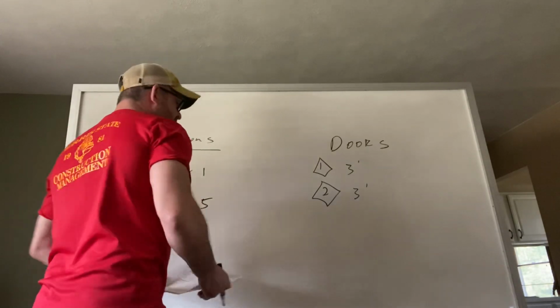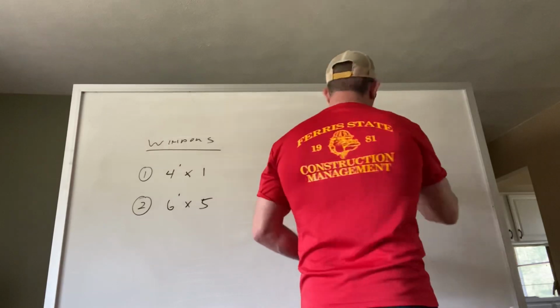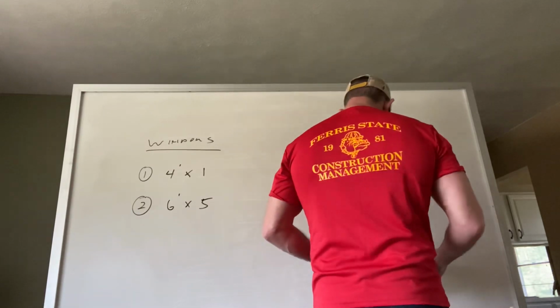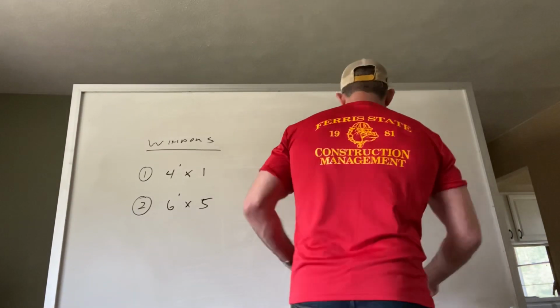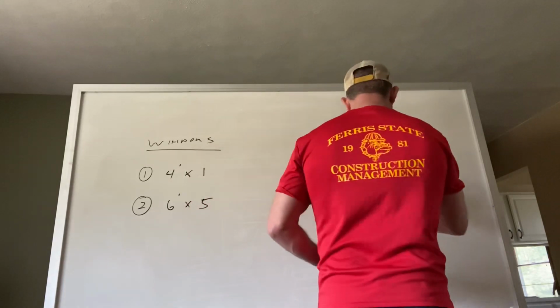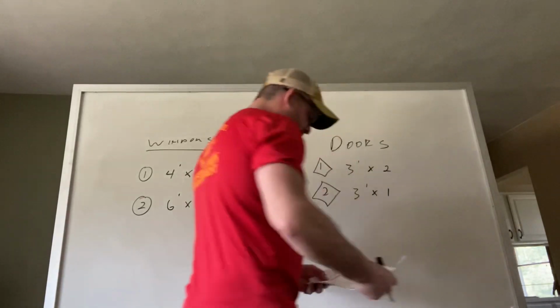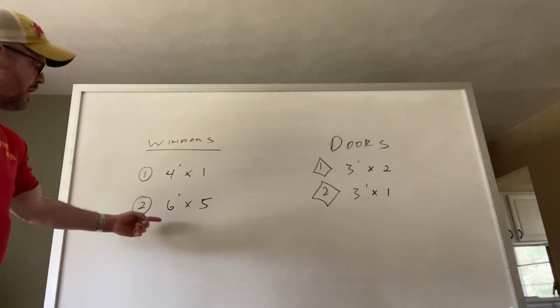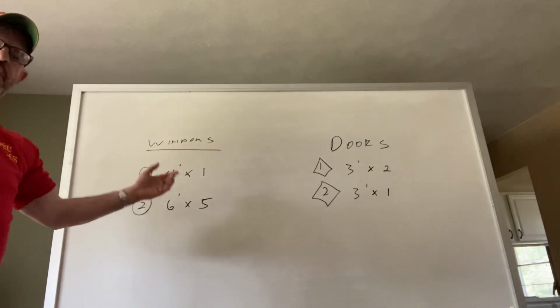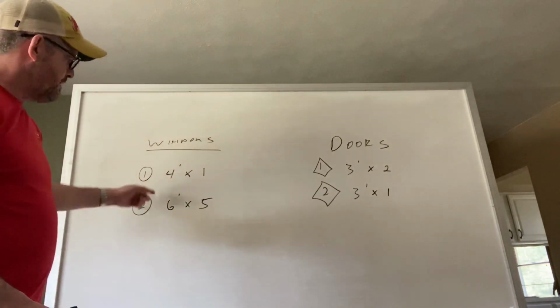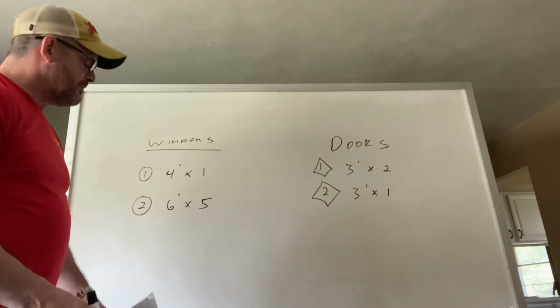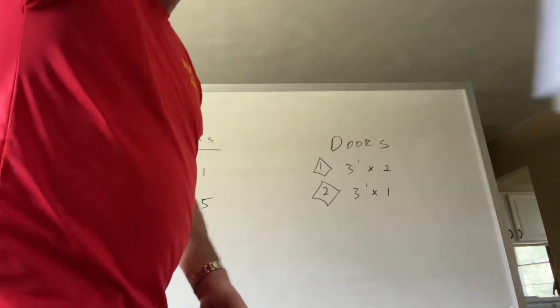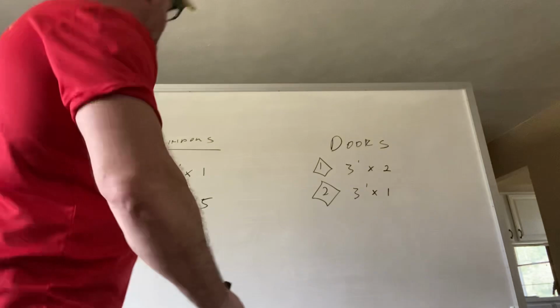I've got 5. How many door number 1s do I have? I have 2. And how many door number 2 do I have? I've got 1. And again, what is the total width of all of my openings?